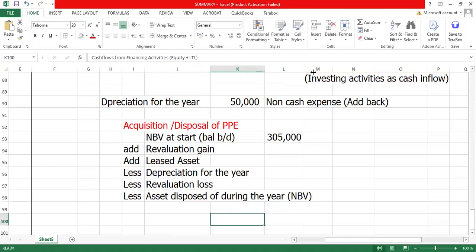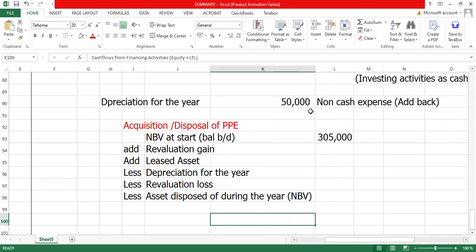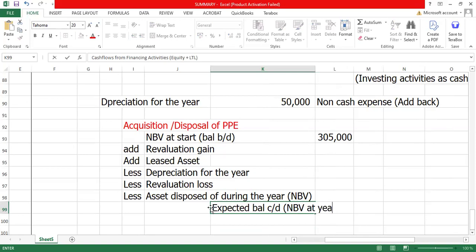Then finally, you'll be in a position to get the expected balance carried down, which is the net book value at year end.